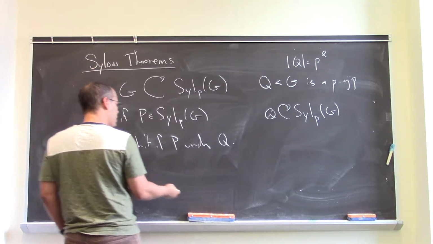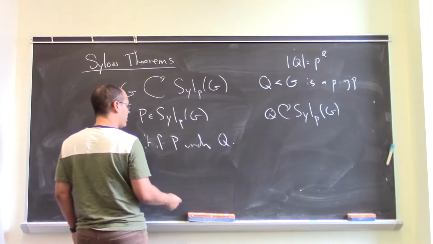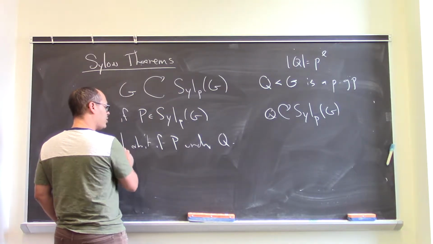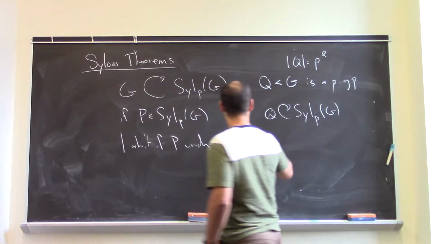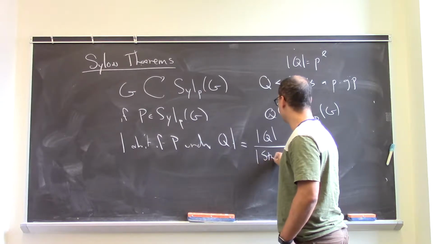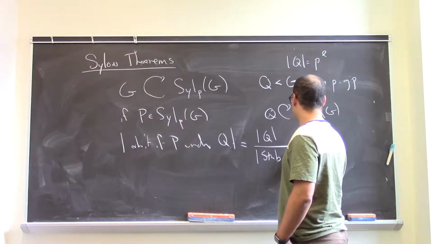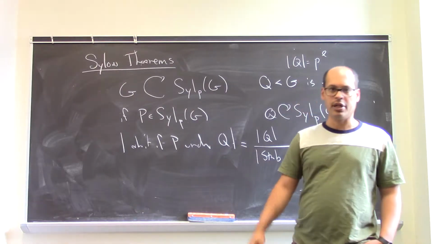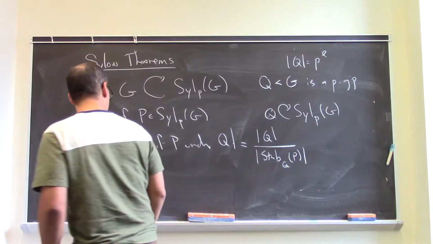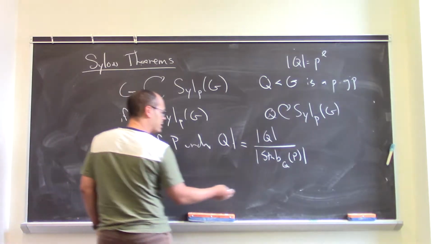Well, by definition, we can use the orbit stabilizer theorem to talk about that. So the size of this orbit is the size of Q divided by the size of the stabilizer in Q of the point P, the P thought of as a point in the set that I'm acting on. And what is the stabilizer?